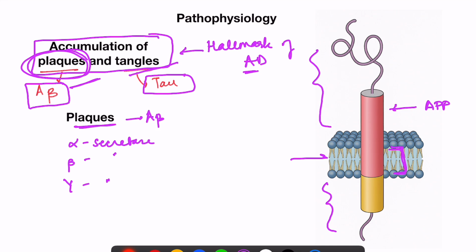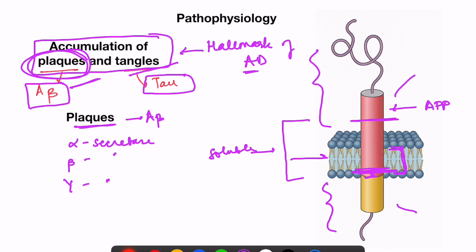Alpha secretase breaks down this part of the protein, and gamma secretase cuts somewhere here. Actually, this yellow and red line should be a little bit above. So we get these fragments and this particular central fragment, and this fragment is soluble.